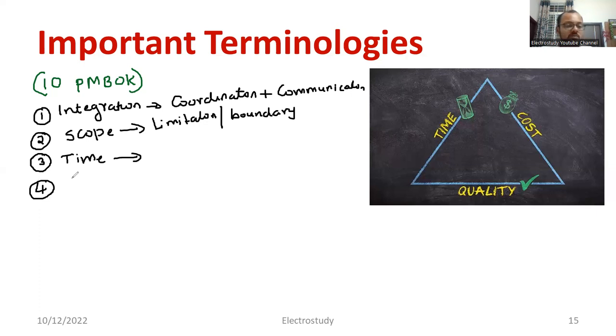Similarly, cost. Cost is another important factor. Cost is nothing but the expense for completion of the project, the budget, all those things you can say. Then the fifth one is quality.